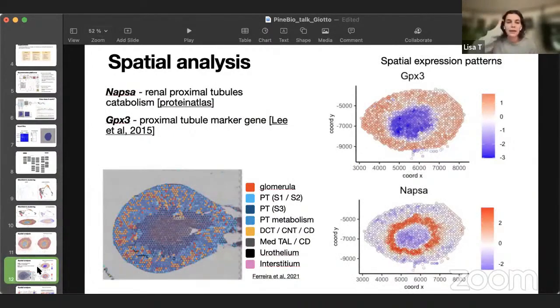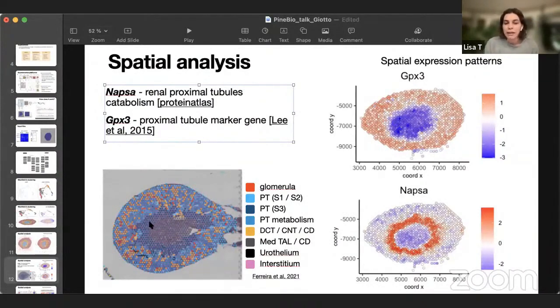And I wanted to show you an example of two genes, NAPSA and GPX3, which are both marker genes of proximal tubules. But you can see on these plots that they actually have completely different spatial expression patterns, right? We can see GPX3 expressed in the cortex and not expressed in the medulla, and NAPSA is expressed in the outer medulla.